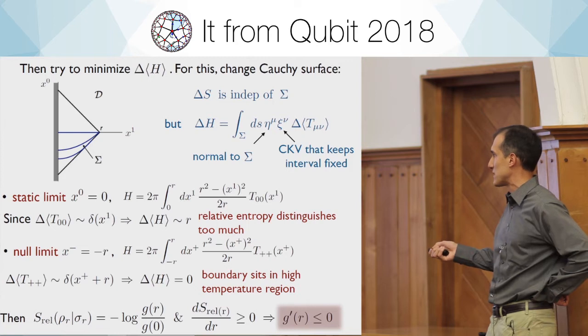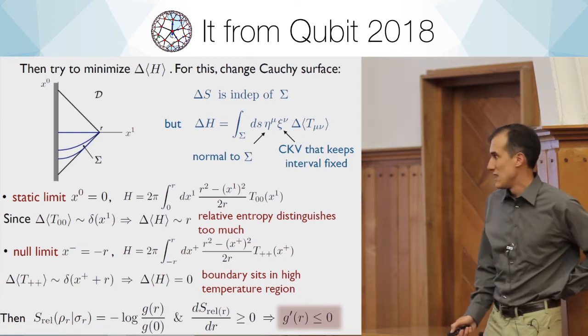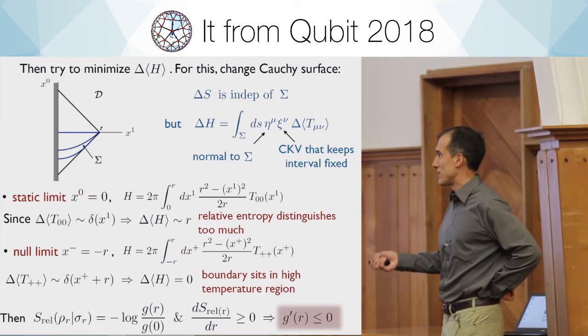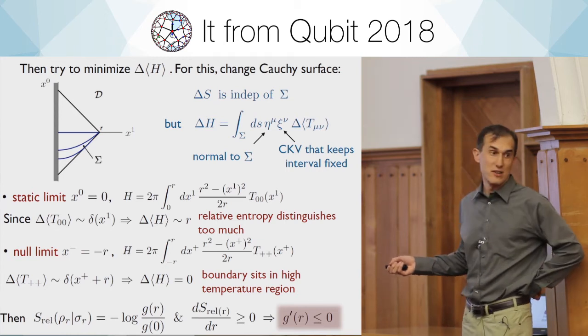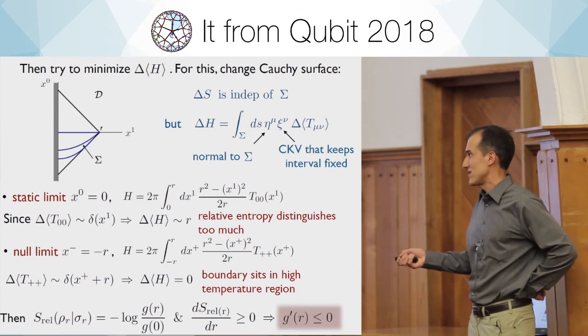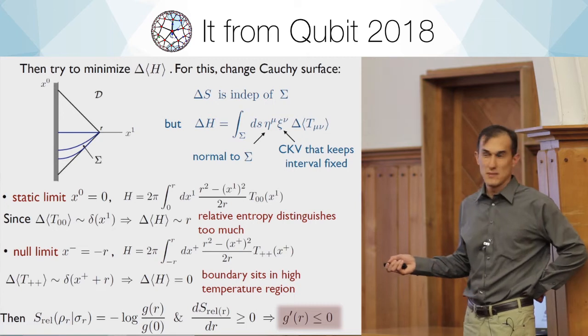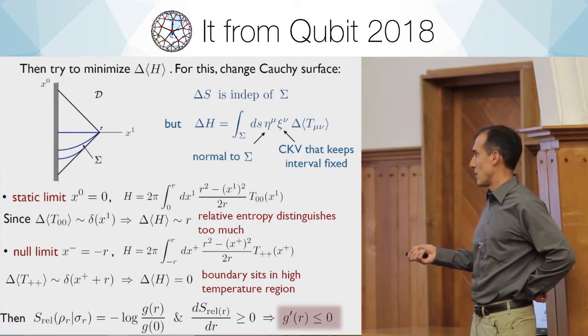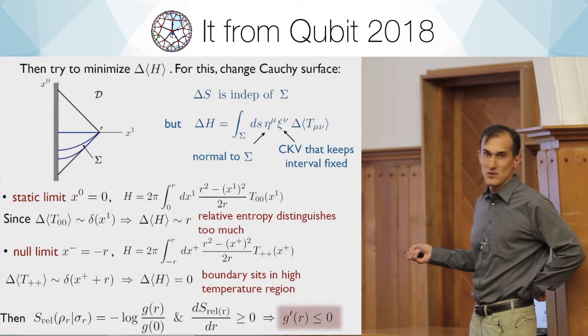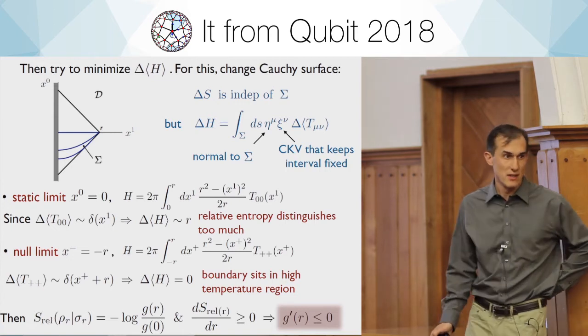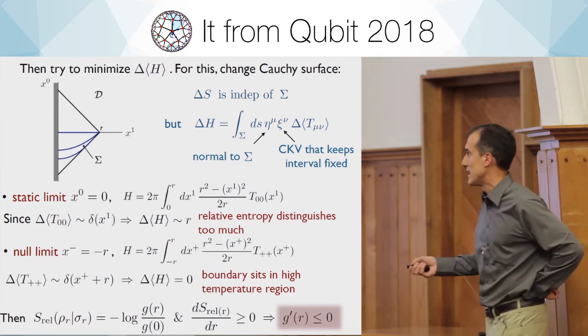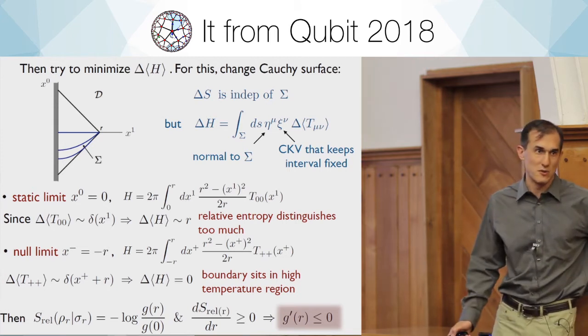So it's now proportional to r squared minus x plus squared. Now, again, the effect in these null coordinates is located at x plus equals minus r. So the change in the stress tensor now is proportional to this delta function. But now you see that plugging this delta function into this expression, you get 0 because this prefactor vanishes. So as one takes the null limit, indeed, the contribution from the modular Hamiltonian goes to 0.